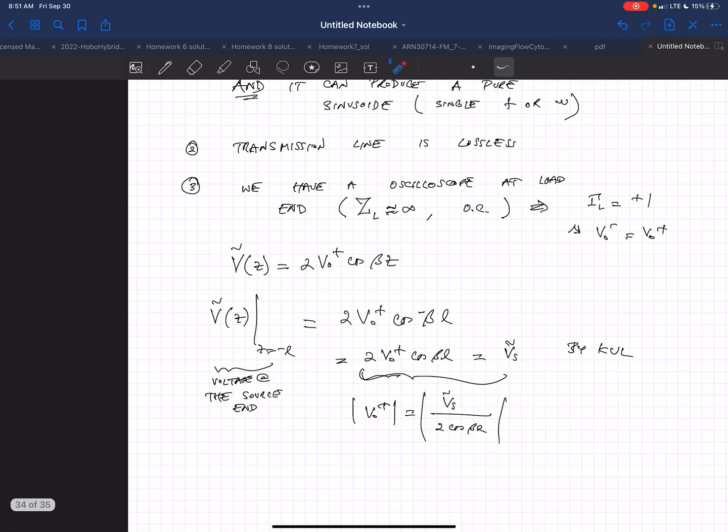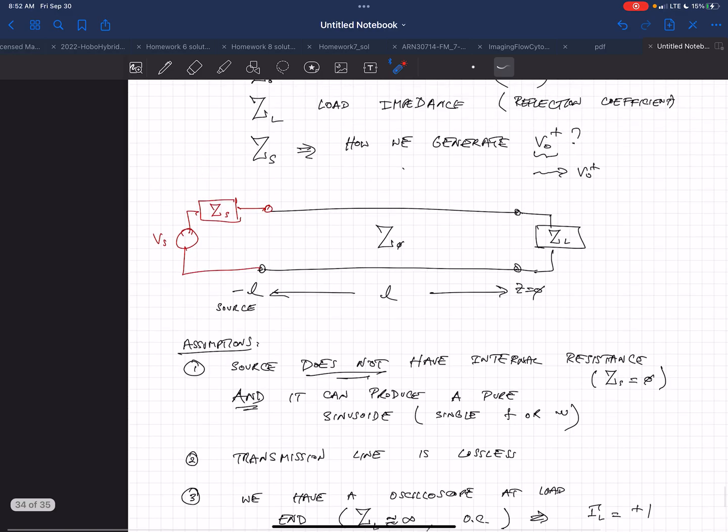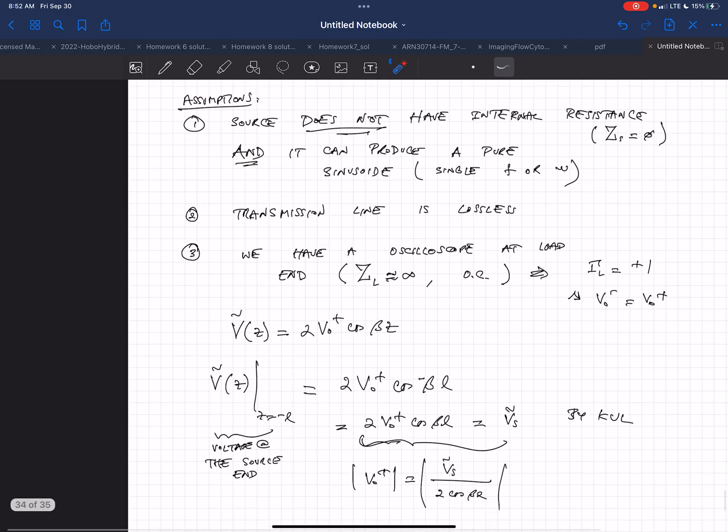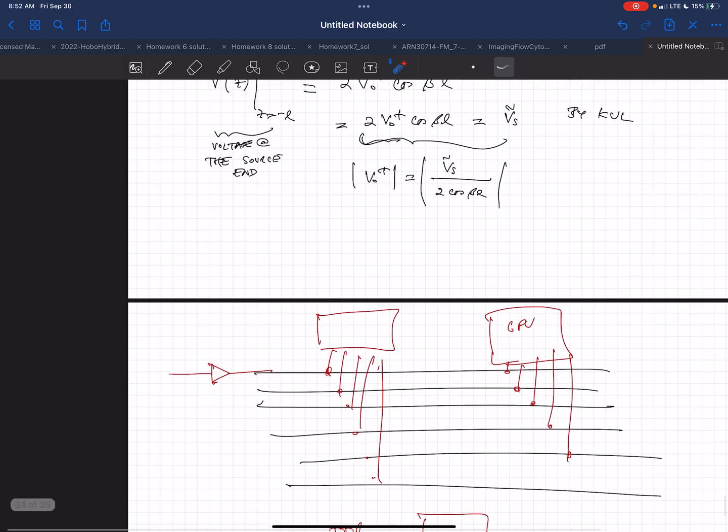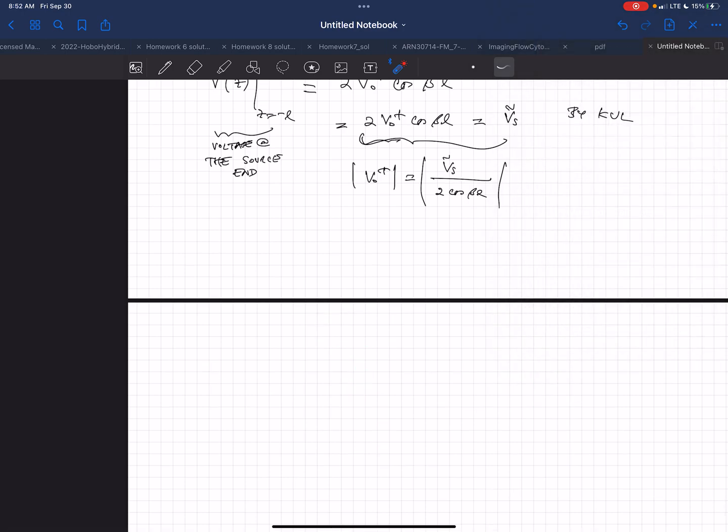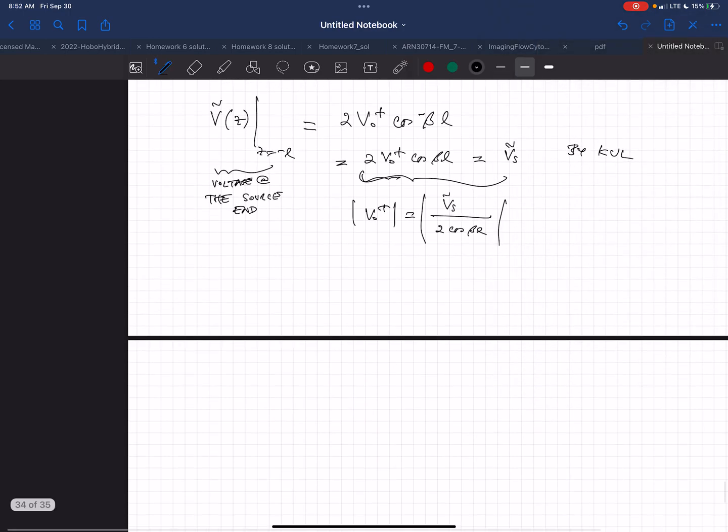So now this equation says the amplitude of the voltage launched. Let me redraw it again, because it's very specific. The specific case we're talking about is we have a voltage source that has no resistance.